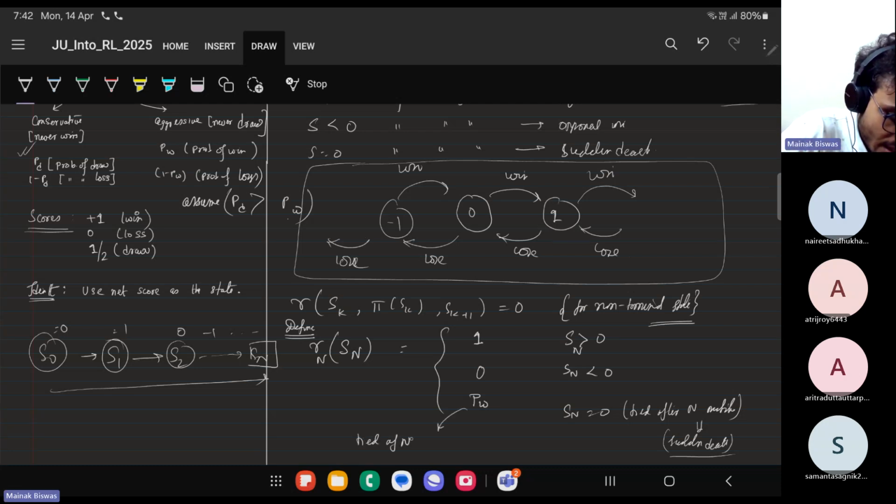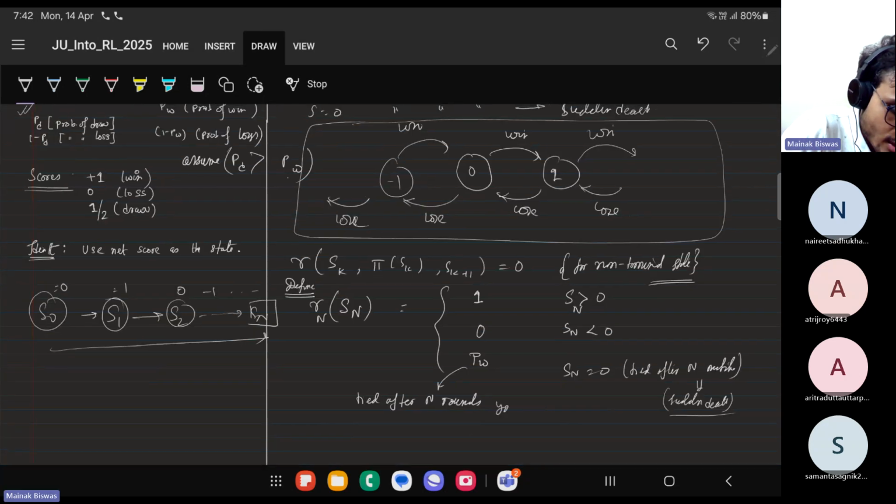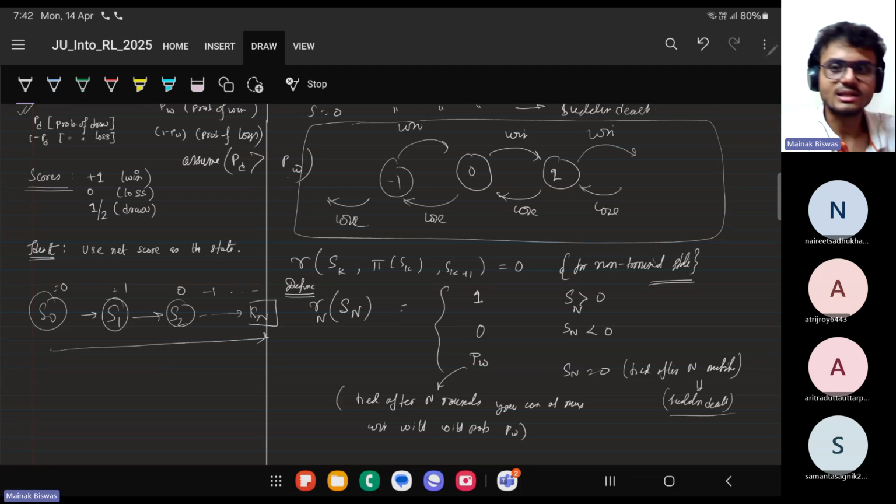Tied after n rounds, you can at max win with probability PW. So the reward is like the probability of winning in this case. If it is 1, it means you have won.